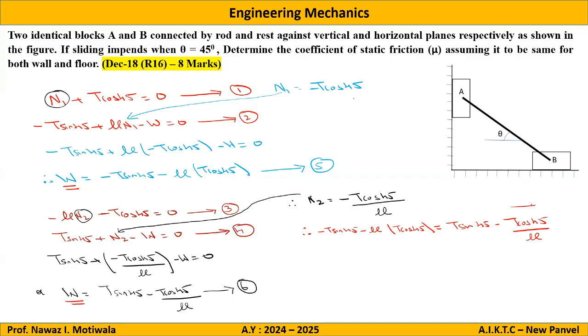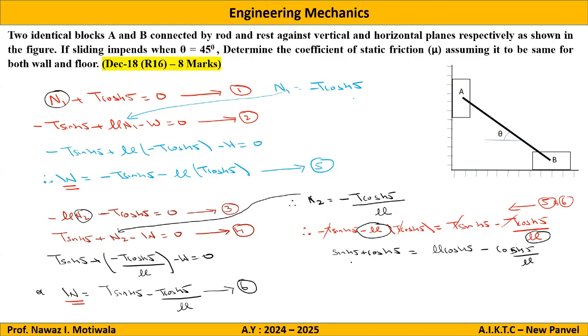This equation I got from 5 and 6. Now just rearranging the terms, we can see that T is common in all, so T will be cancelled from both sides. Now, taking all the terms with mu on one side and the constant terms on the other side, I will get sin 45 plus cos 45 is equal to mu cos 45 minus cos 45 by mu.